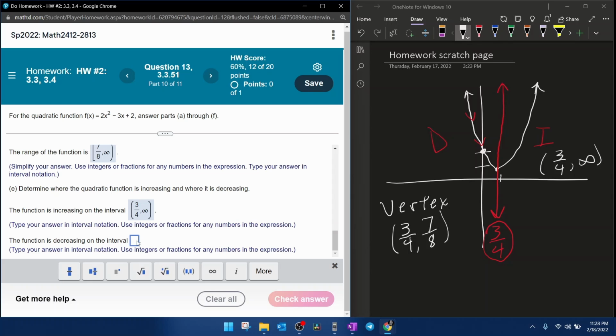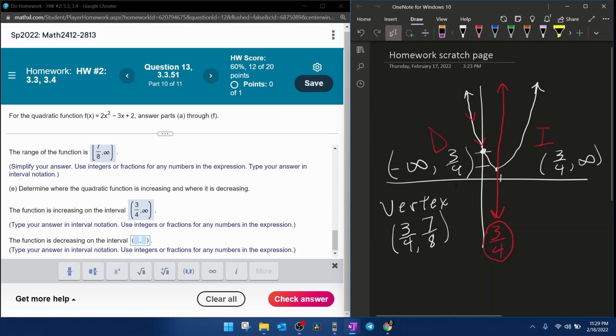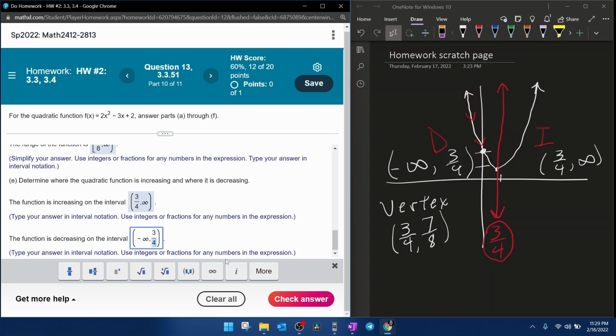Our section of decreasing is going to be from, and again here I'm using the ordered pair tool, from negative infinity up to 3/4. And let me say it this way, when you're finding these endpoints of your increasing and decreasing, that value always comes from the x-coordinate of the vertex. So here we go, from minus infinity up to 3/4. And again, just to make sure you've heard this, the intervals have to be represented from left to right.